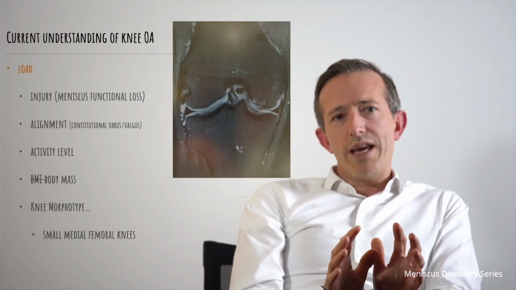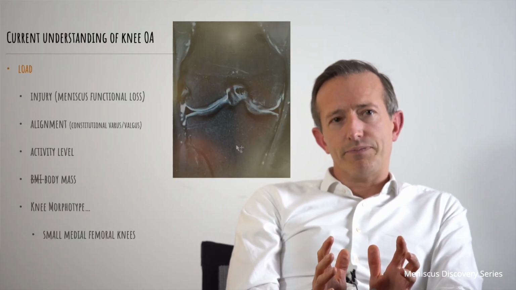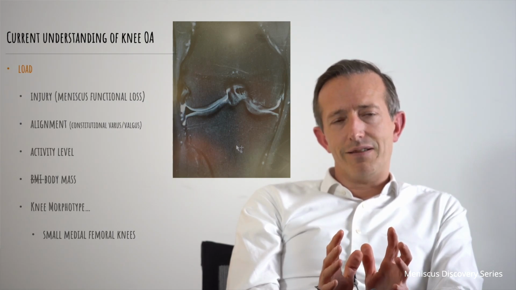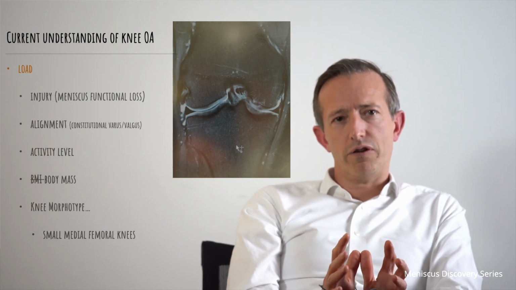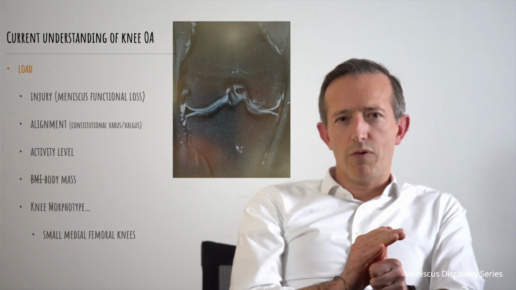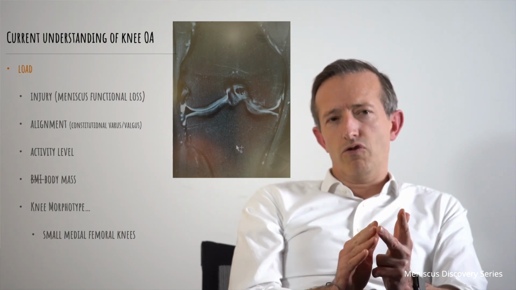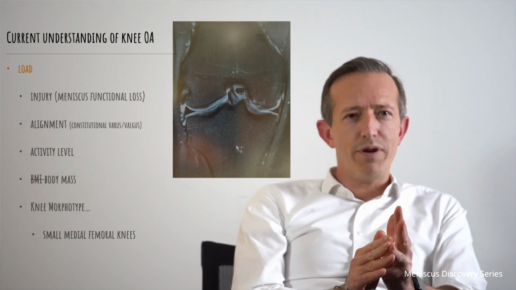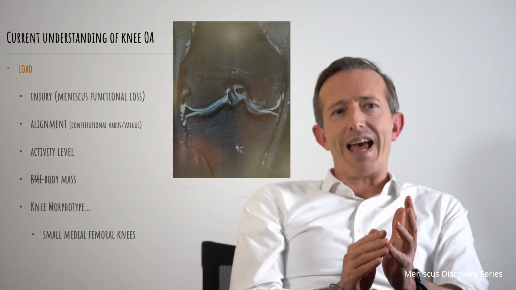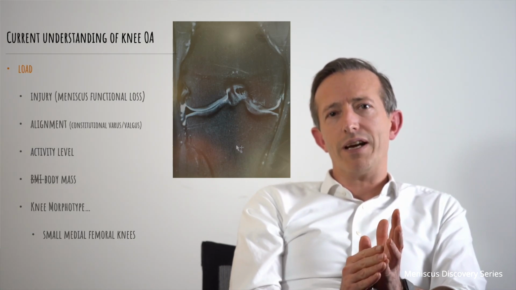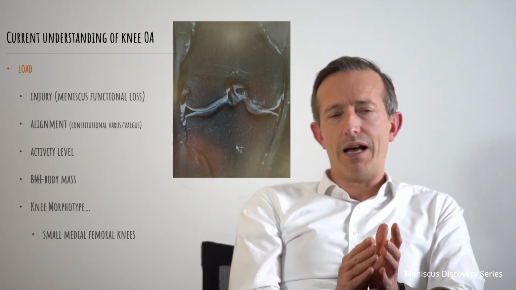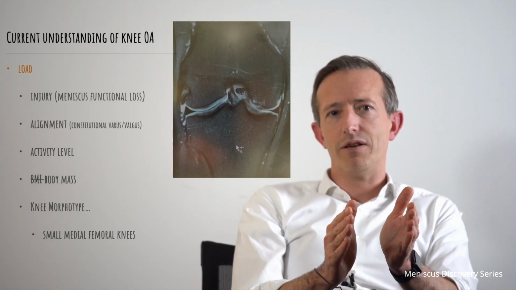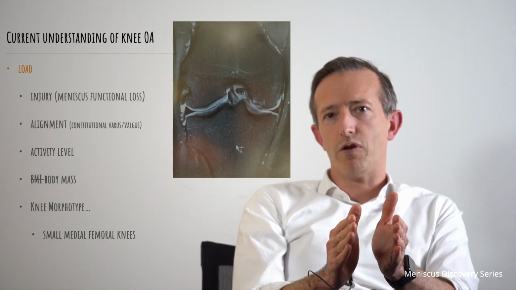And so we developed this concept of knees that developed early onset medial osteoarthritis in normal, healthy, normally aligned, non-obese patients, but they had these small medial femoral condyles. They had these small medial condylar knees, and therefore they had higher peak stresses because the surface area was small.